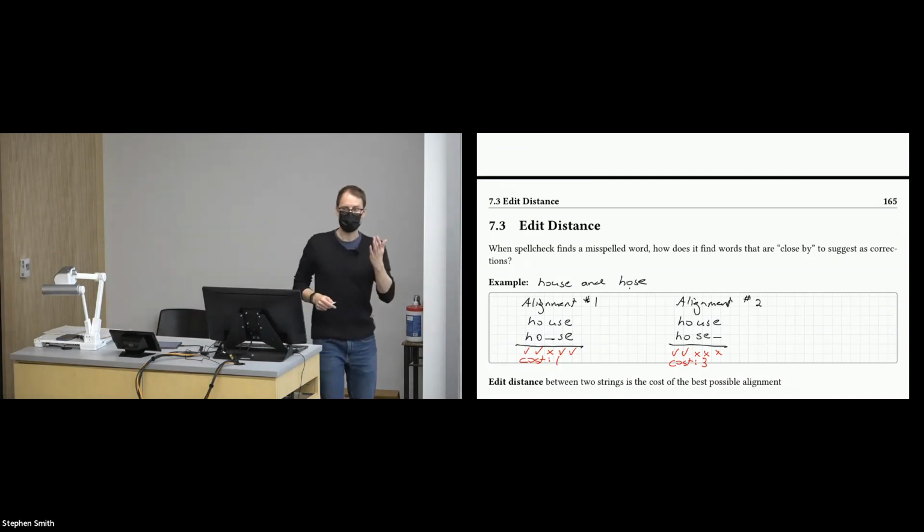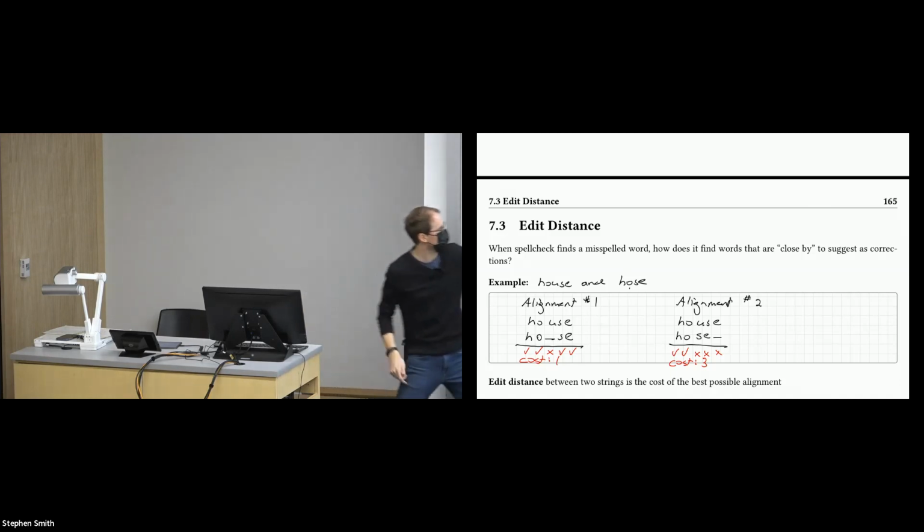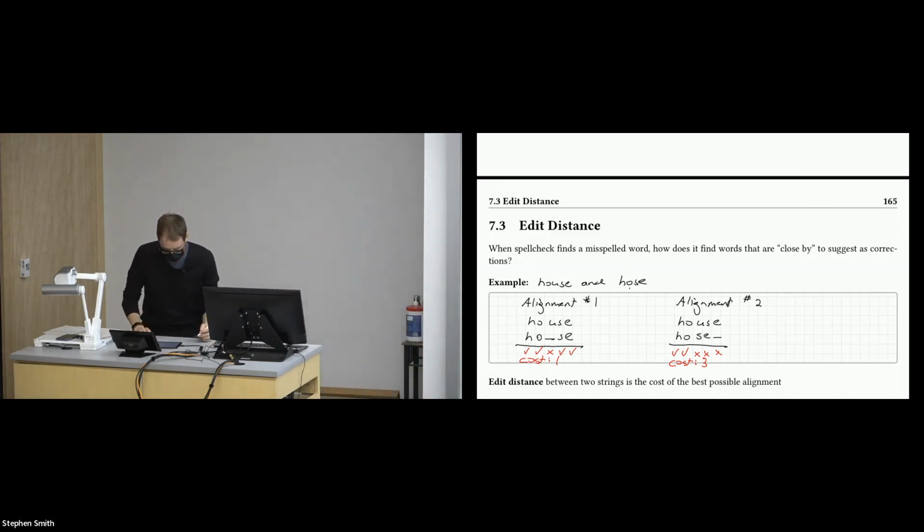And then the edit distance problem is, given two strings, find their best alignment. Find the minimum cost alignment, which I think in this example, this is the minimum cost alignment. You can't get better than a distance of 1, because they don't match perfectly.